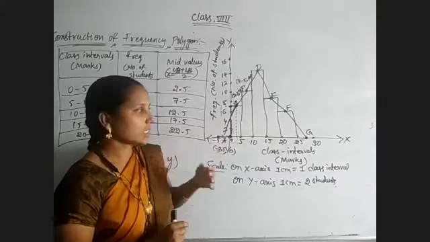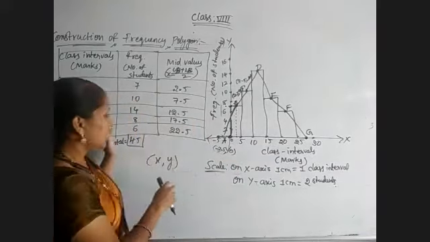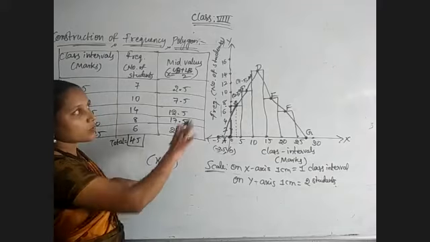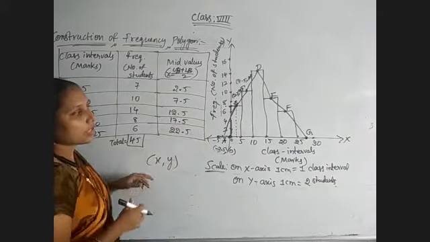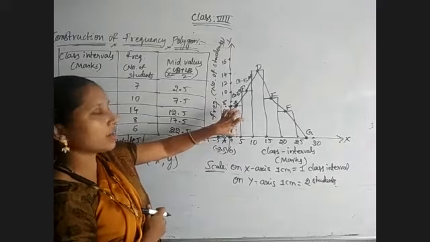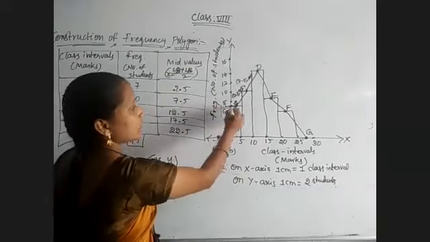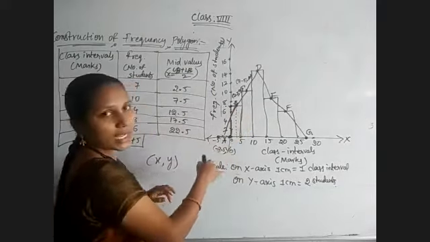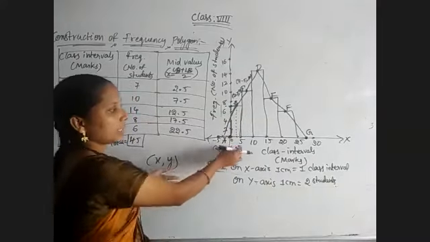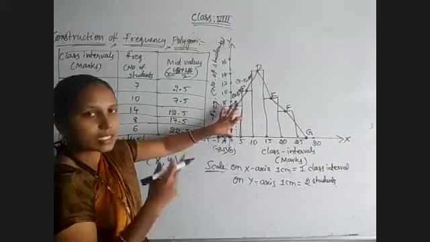Okay, and next, what is the difference between these two? We can find out the value at a point by using the frequency polygon, but for the entire class interval only we can choose the frequency or area in case of histograms. So these rectangles denote the complete class interval in case of histograms.